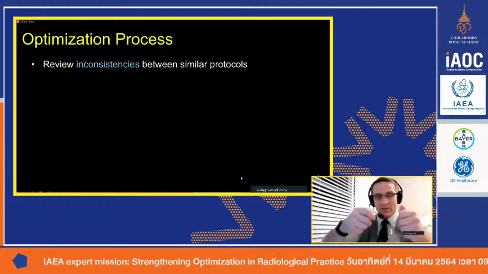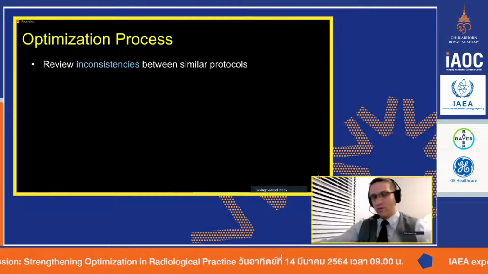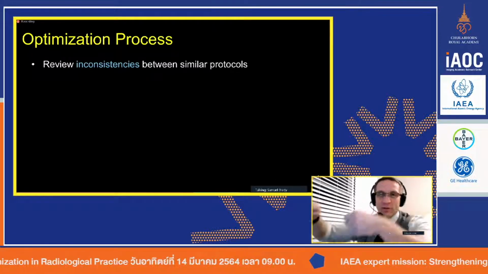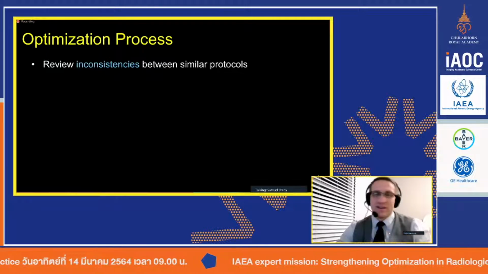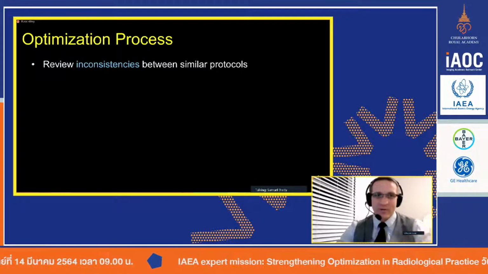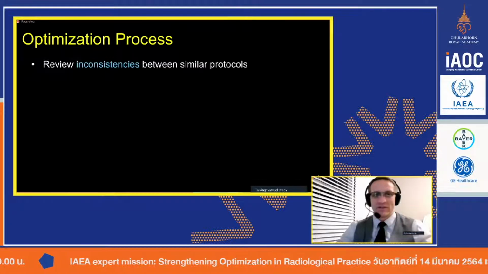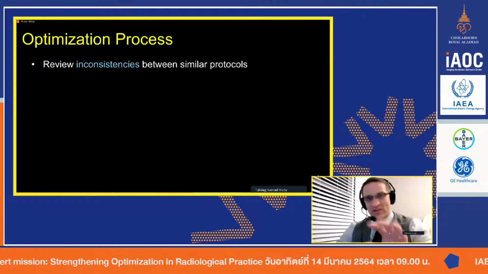If a bad film was acquired as to overexposed or underexposed, you just throw it in the review pile, and then at the end of the month, you pull them up, put them on the light box, and then review them. This is old. We don't really do it as much nowadays, but the way that we used to do it, 20 years ago, that is still what we need to do.